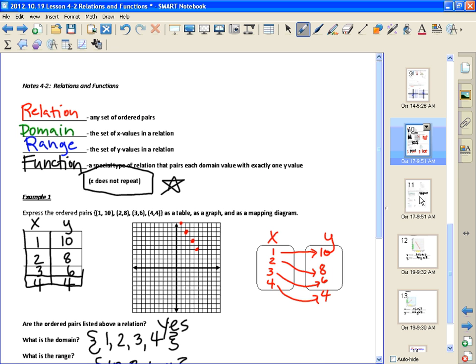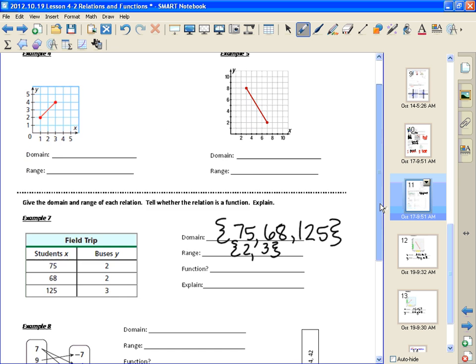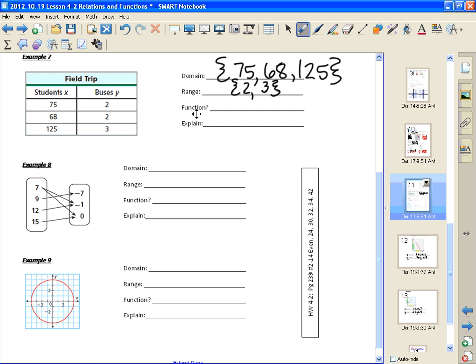So if I'm looking to see if example 7 is a function, I'm looking at the x values. Do any of my x values repeat? No. Therefore, yes, it is a function. So how would we explain that? The x values don't repeat. Perfect. X values don't repeat.